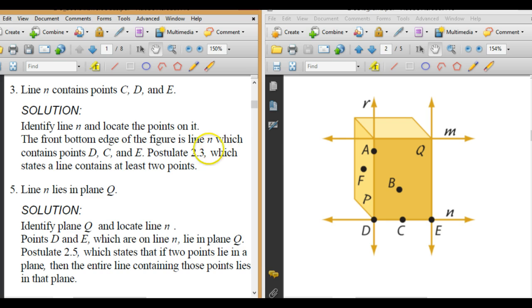So here is line N, and the points on it are D, C, and E. The front bottom edge of the figure is line N, which contains points D, C, and E. So we need to give a postulate that shows that this statement is true, that line N contains points C, D, and E, which would be postulate 2.3, which states a line contains at least 2 points. Therefore, it will contain 3 points. If it needs to contain at least 2, then that means 2 or more.